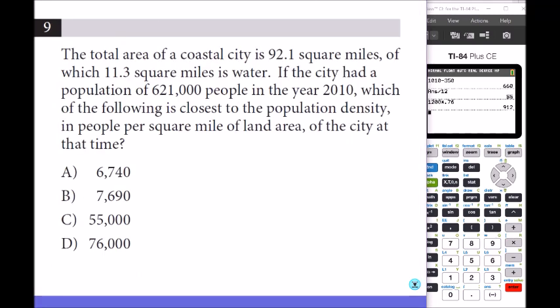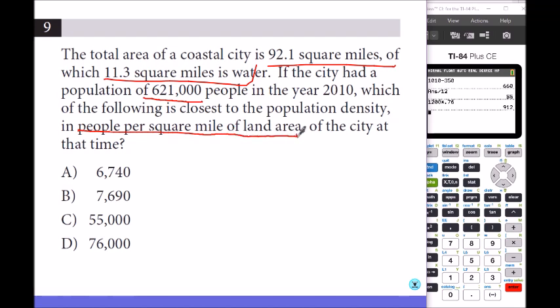9. The total area of a coastal city is 92.1 square miles, of which 11.3 square miles are water. If the city had a population of 621,000 people in the year 2010, which of the following is closest to the population density in people per square mile of the land area?